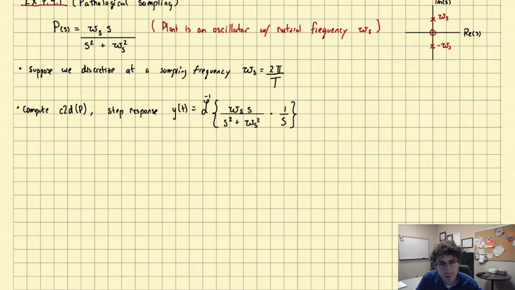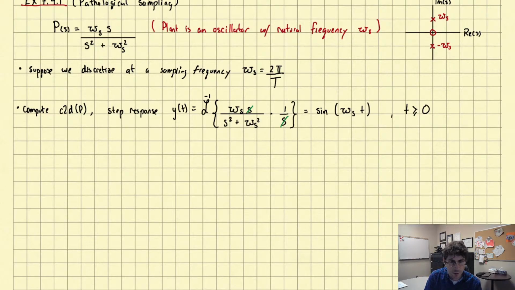The s's are going to cancel there in that expression. And so this signal that we get, as you can see, let's cancel this out, it looks like the Laplace transform of a sinusoid. Indeed, it is. Okay, so there's our step response.